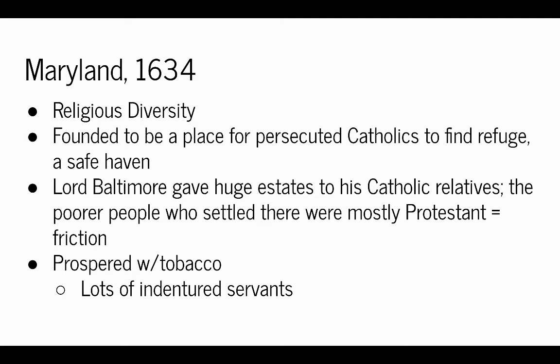And the poor people who settled into Maryland were mostly Protestant. And so it caused a lot of friction, once again, between the two religions. But Maryland prospered with tobacco, and they ended up having a lot of indentured servants.